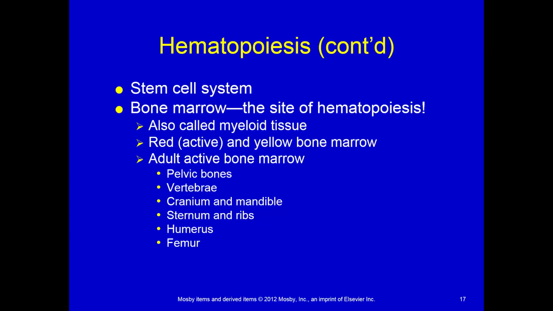It very much is part of the stem cell system because it's these very primitive stem cells that then differentiate into these important cells of the blood. And bone marrow is absolutely, anytime after birth, the site of hematopoiesis. So that's why bone marrow is also called myeloid tissue, because it is the site of hematopoiesis.